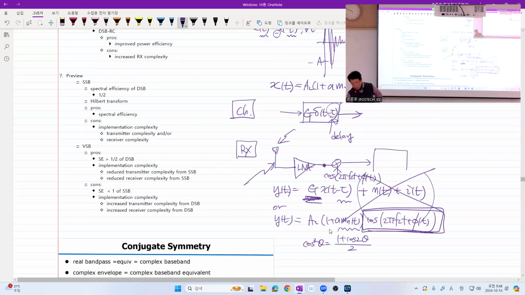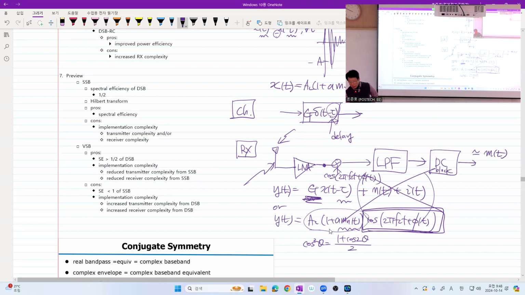And then we remove the high frequency, twice the carrier frequency component. Then we have this part scaled. And if you have, for example, a DC block, then you have something that is proportional to the message signal.